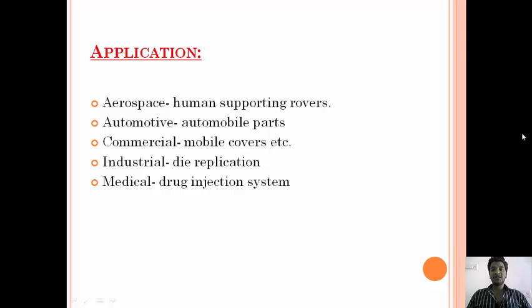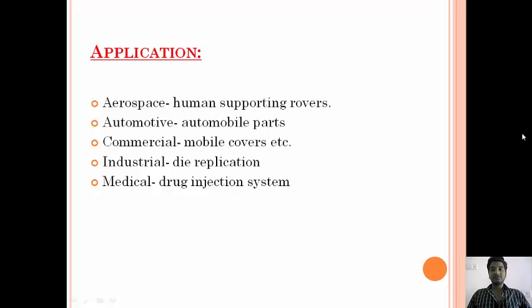In industries, it is mainly used for die replication, in which we can make a die model in FDM and use it for replicating the material in casting. In medical, we use it for drug injection systems.